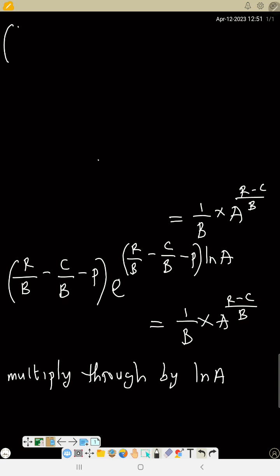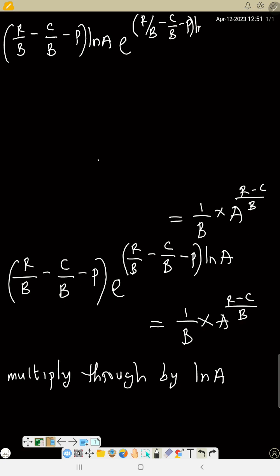This will be r over b minus c over b minus p ln a, e raised to power r over b minus c over b minus p ln a, equals 1 over b times a raised to power r minus c over b ln a.